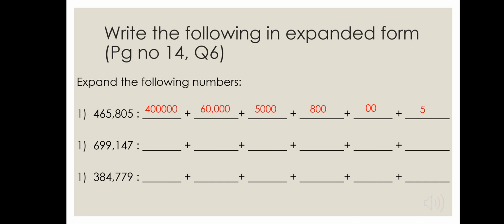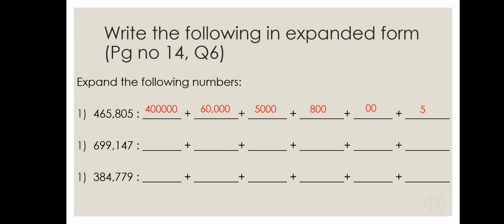Moving on towards the next number, which is 5. It holds the place value of thousands. And when you expand thousands, 3 zeros are placed after the digit, which means you are going to write 5,000 in the third dash. Moving on towards the second last number, which is 6.